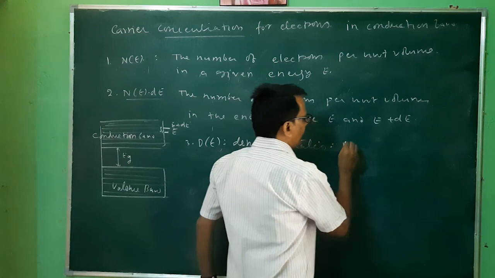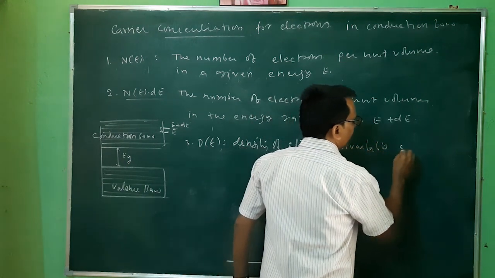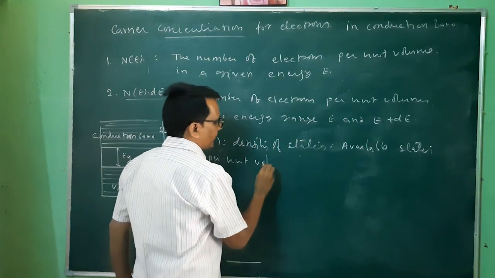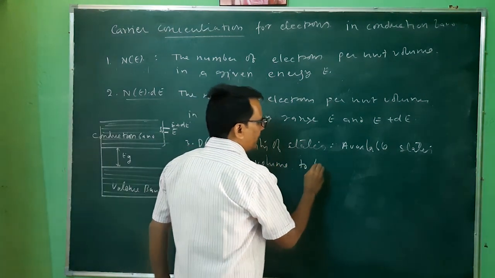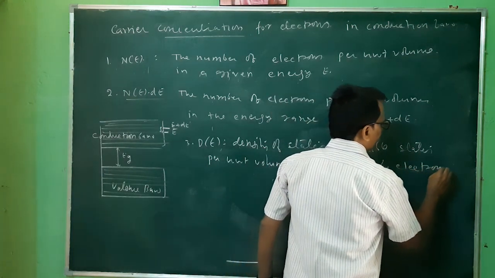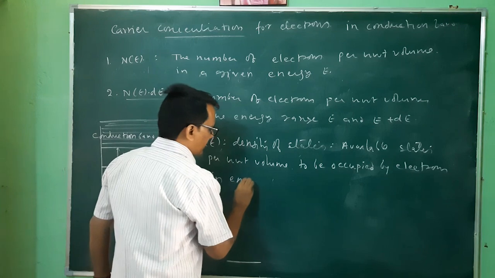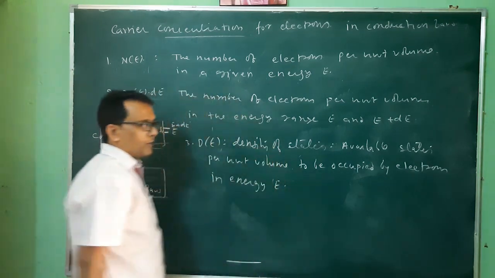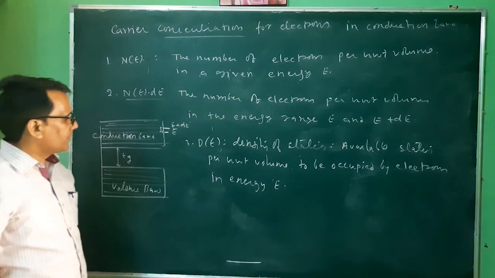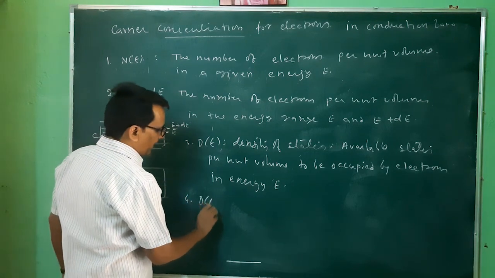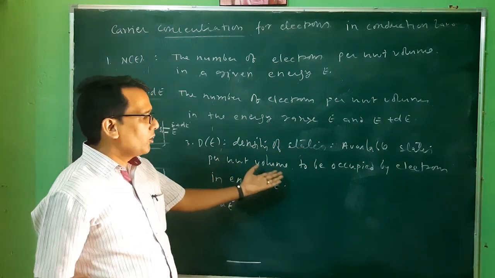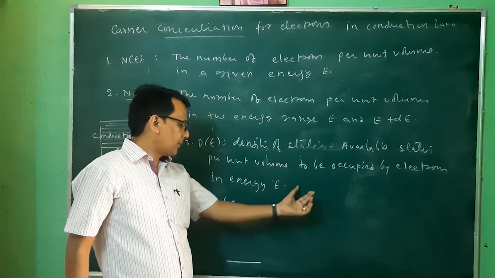These are the available states per unit volume to be occupied by electrons at energy E. So at a particular energy value E, the number of states is known as the density of states, and if it is multiplied by dE, it gives the available states per unit volume in the energy range E to E plus dE.